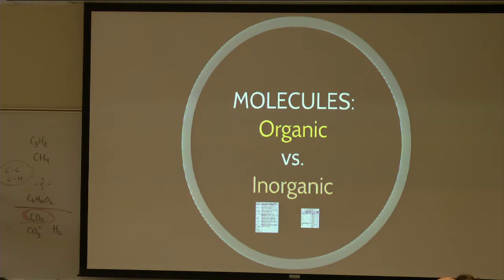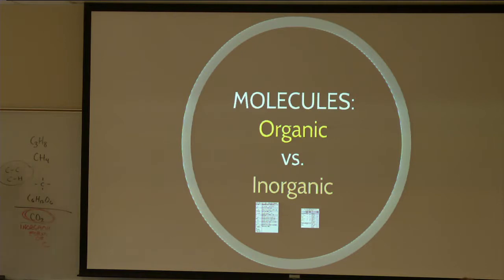If I say an organism requires an inorganic form of carbon, it's just like saying that organism requires carbon dioxide. This is the inorganic form of carbon that we are going to be referencing for the next little bit. So CO2 is our inorganic form of carbon.